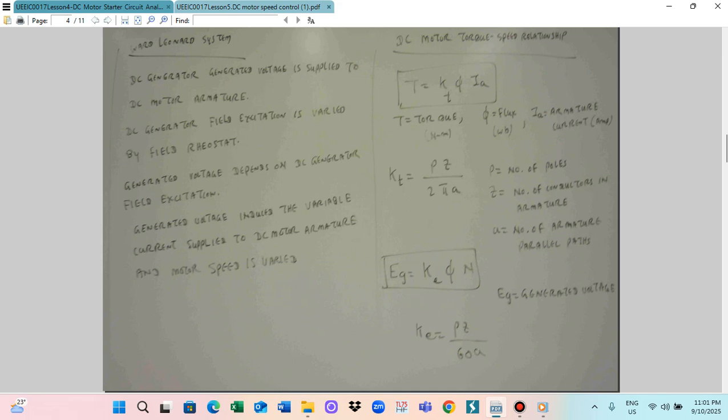Also the K you can calculate. So this is KT, T equals KT phi IA. KT can also be calculated. KT is a constant.